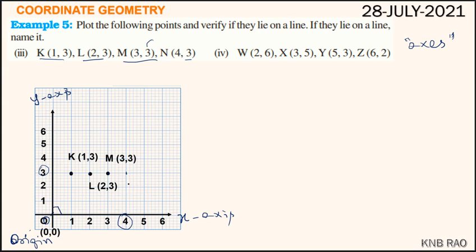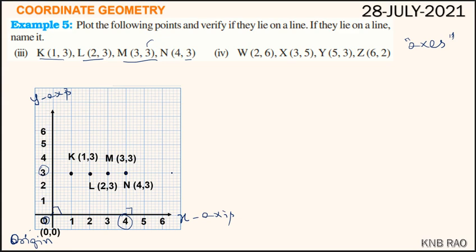The perpendicular distance from the x axis to the point is called the y coordinate. The perpendicular distance from the y axis to the point is called the x coordinate. So the point N(4, 3) is this point, and I labeled it N(4, 3).